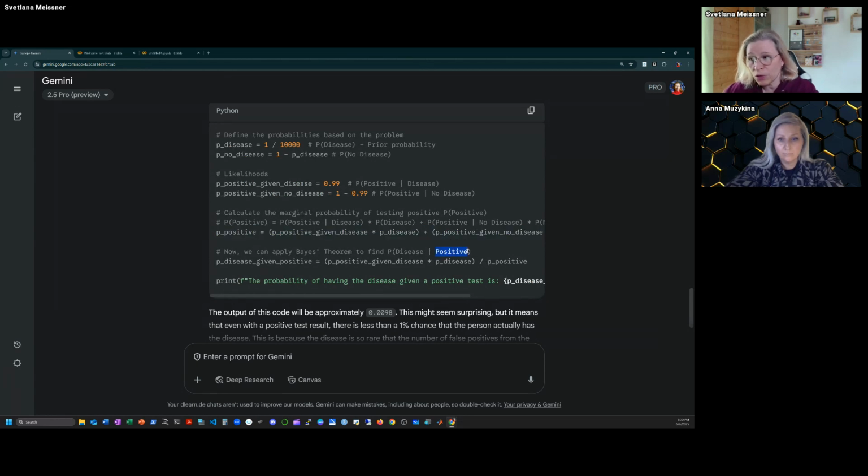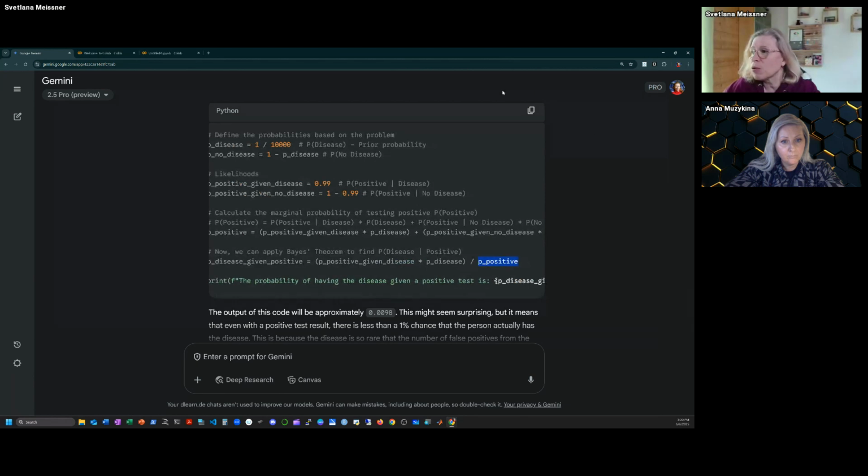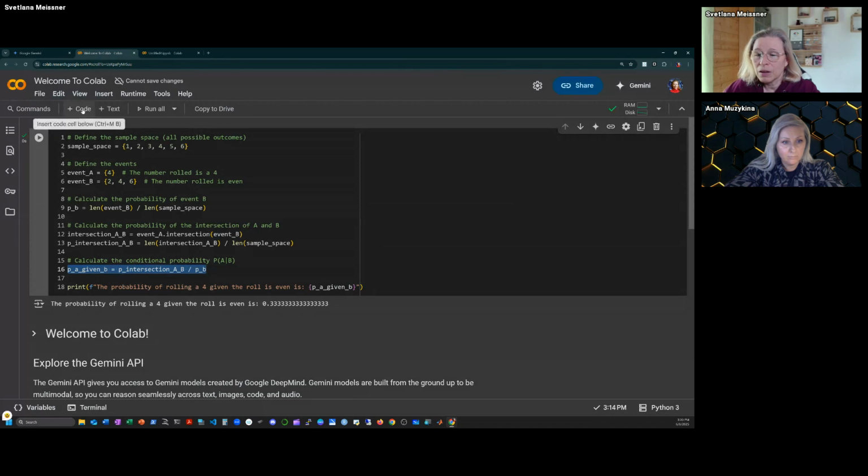So after testing positive, how big is the probability that this person has the disease? And then again the calculation: probability of disease given positive is the probability of positive given disease times the probability of the disease, like in this explanation with A and B, and dividing by the probability of positive. And after that, we just print this. Let's copy this code and run it in a new cell.